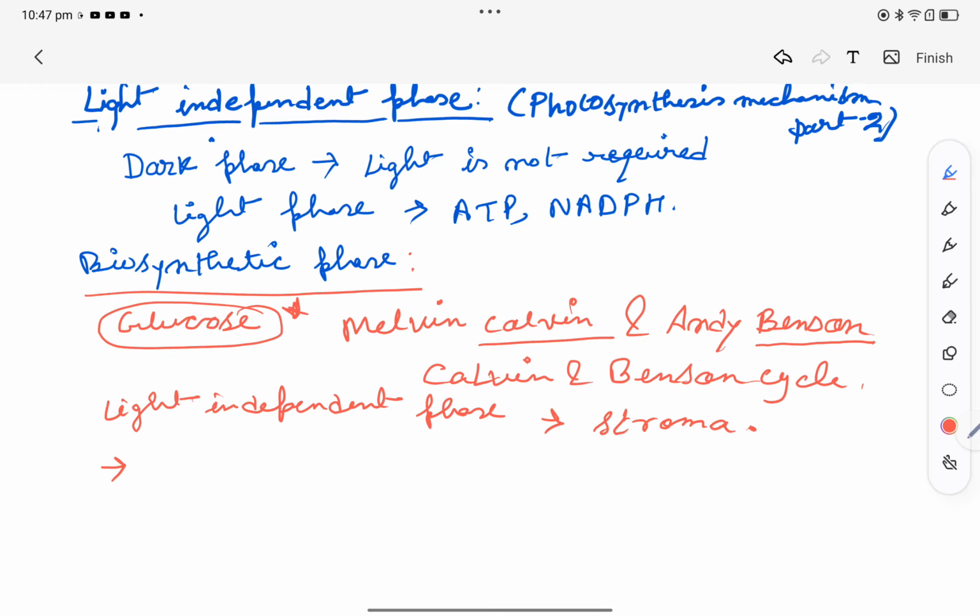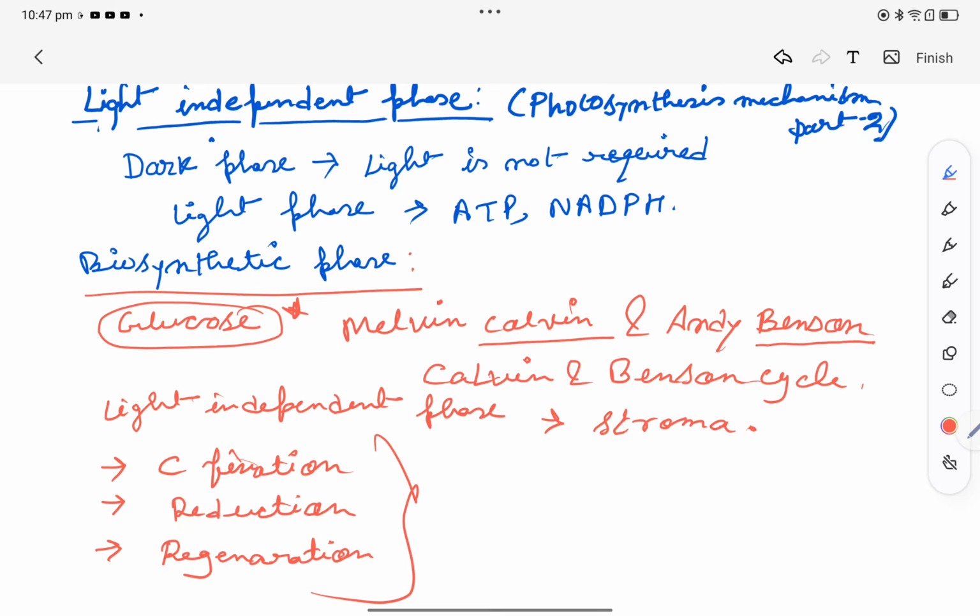First is carbon fixation, second is reduction, and the third is regeneration. These are the three steps we will get in the Calvin and Benson cycle.